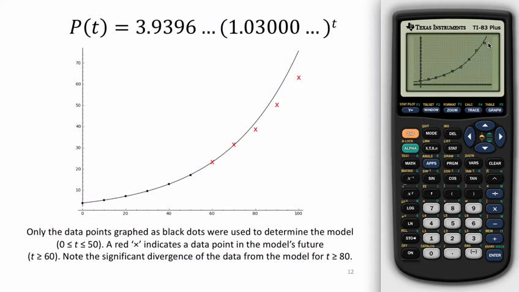And in this slide, on our graph, this is what we're looking at. I went ahead and plotted some more points. I looked up the total population for a couple more censuses beyond that, and you can see that the divergence of the actual values from that model is getting worse and worse.